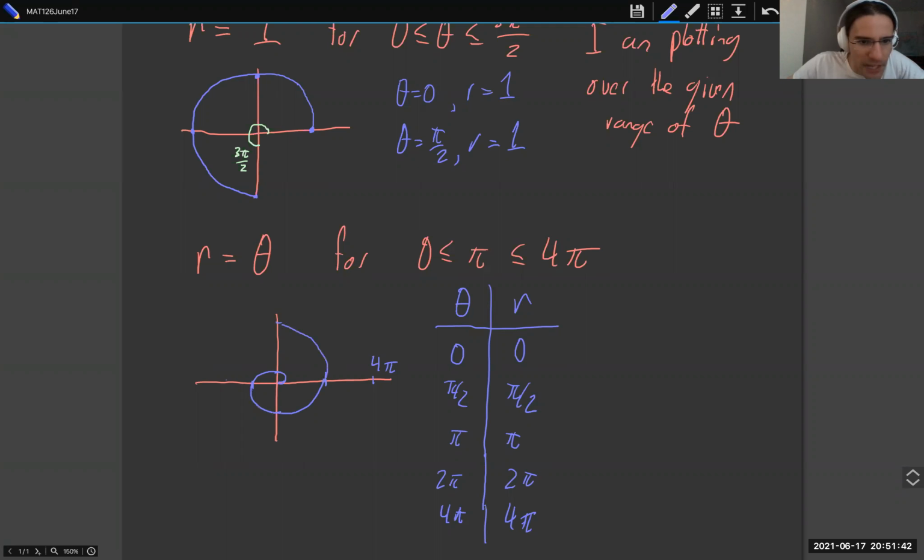And how would you describe that shape? Spiral. Yeah. So this is a poorly drawn spiral. Well, mathematically, it's a spiral, but in our case, it's poorly drawn.